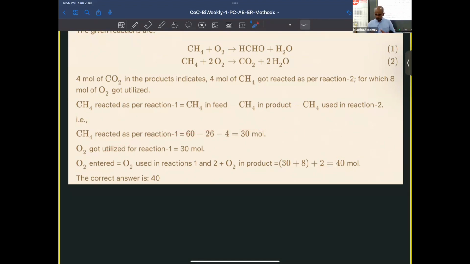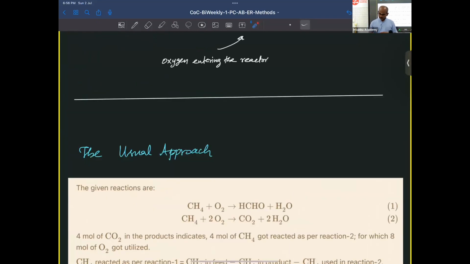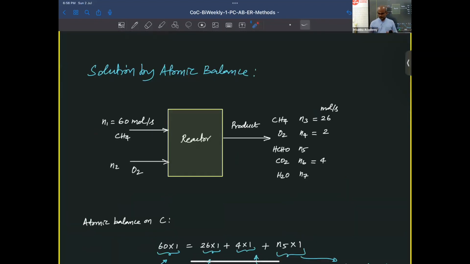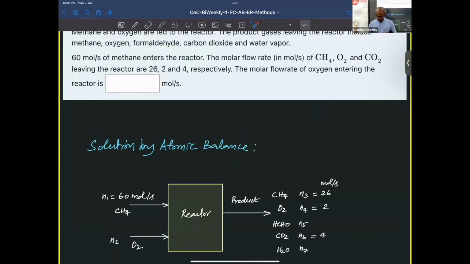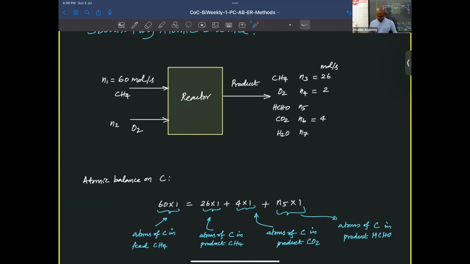Of course, here where to start and how to arrive at the solution are not clearly available. Whereas in the two methods we have seen, the atomic balance is very straightforward. You simply draw the schematic, write the moles and write the balances possible.